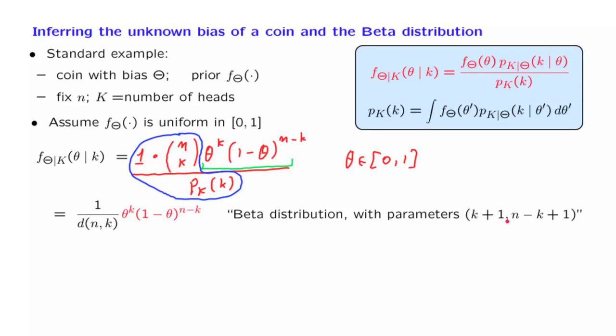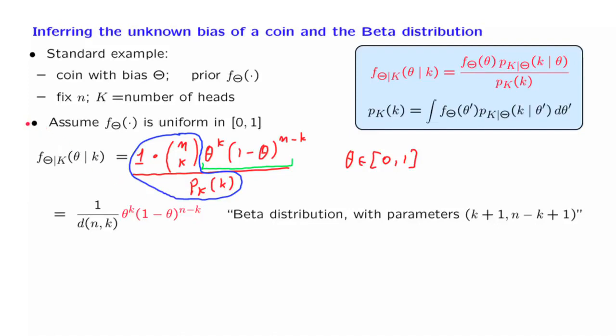Note that these parameters are the exponents augmented by 1. This is for historical reasons that do not concern us here. It is just a convention. The important thing is to be able to recognize what it takes for a distribution to be a beta distribution. That is, the dependence on theta is of the form theta to some power times 1 minus theta to some other power. Any distribution of this form is called a beta distribution.